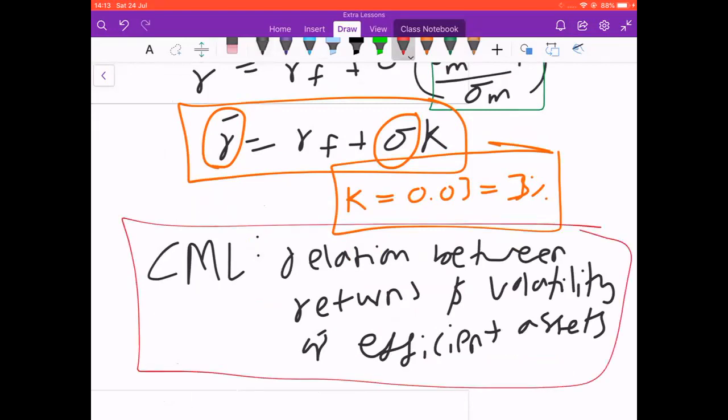This is just to understand the concept of the capital market line.